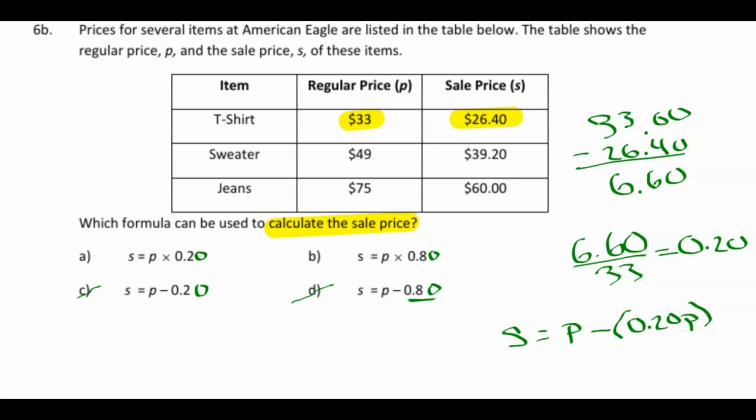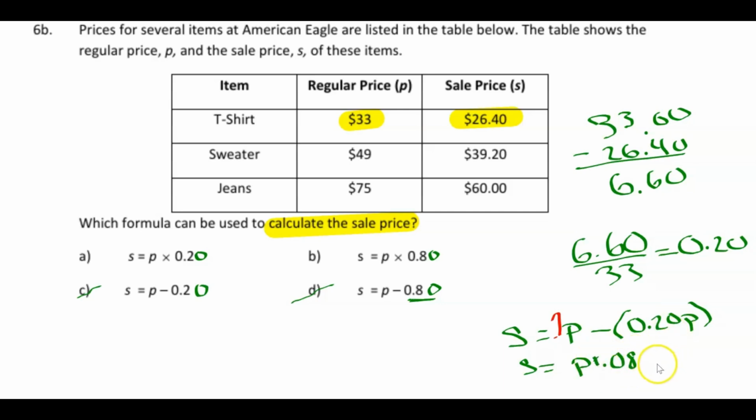Now, as I mentioned before, there's an invisible 1 here, and when I go ahead and do my work, I say, all right, that sales price is going to be equivalent to P times 0.8. I'll put a little X here.